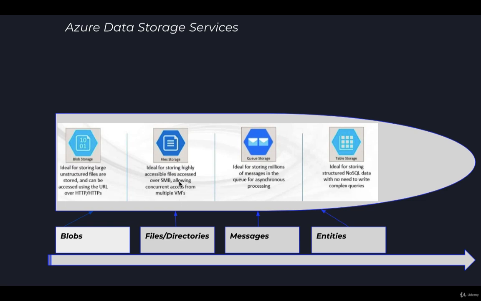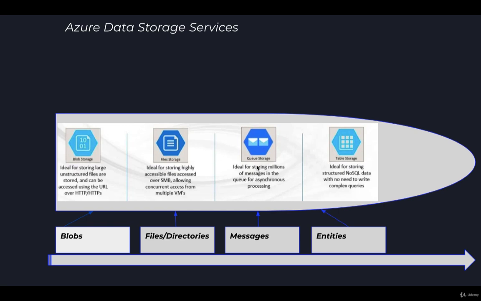Like the other options, you can also access it over HTTPS. It is really beneficial for applications which are using file services storage, and they are easy to migrate to Azure.